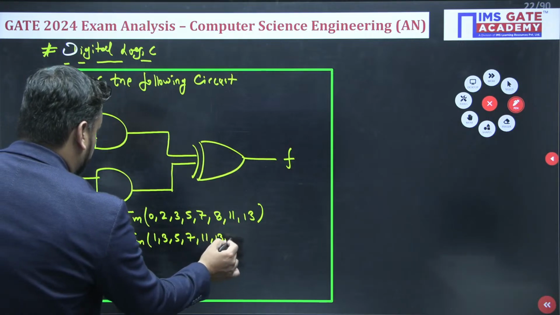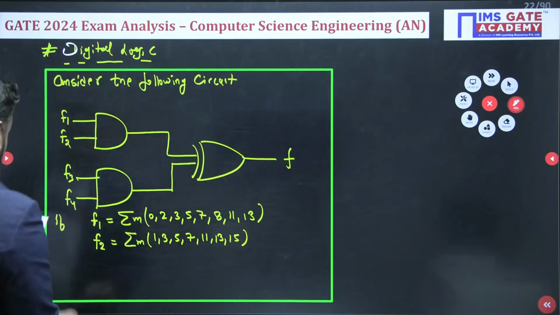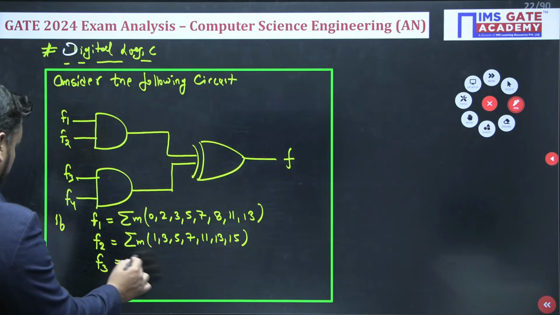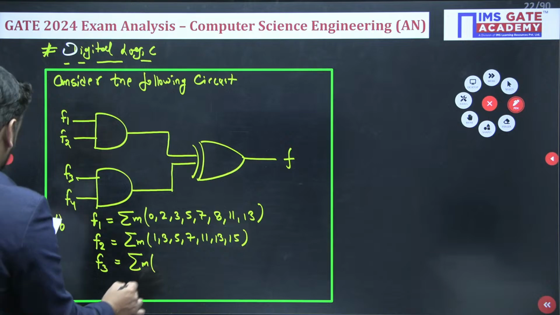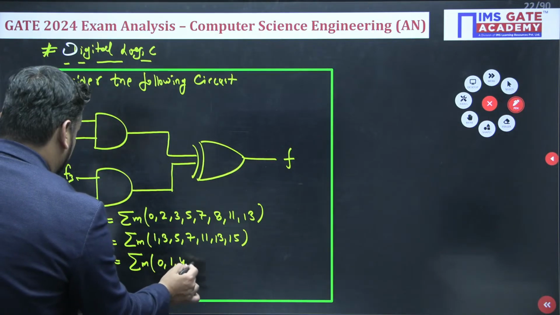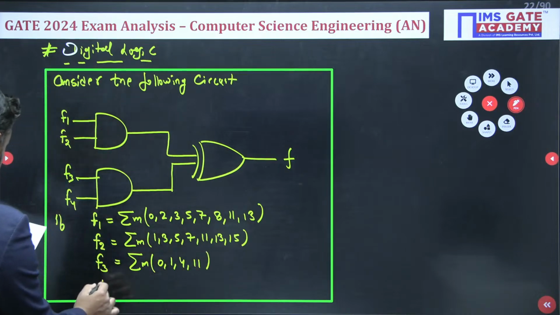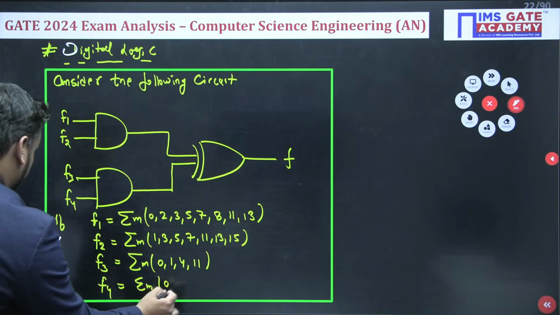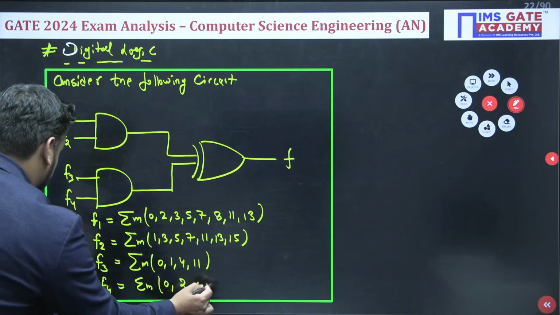In F3 we have sigma of m: 0, 1, 4, 11. And F4 is also given to us, and that is sigma of m: 0, 2, 6, 13.